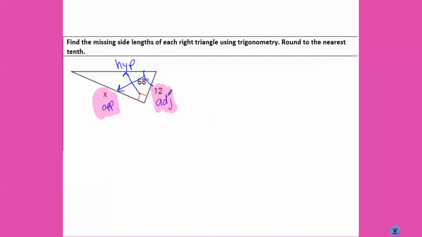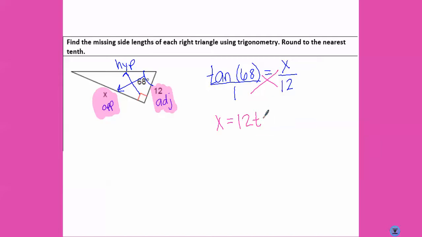Which ratio uses O and A? That would be tangent. So tangent of 68 equals x over 12. This over 1 and cross multiply. 1 times x is x. 12 times tangent of 68 is 12 tangent of 68.